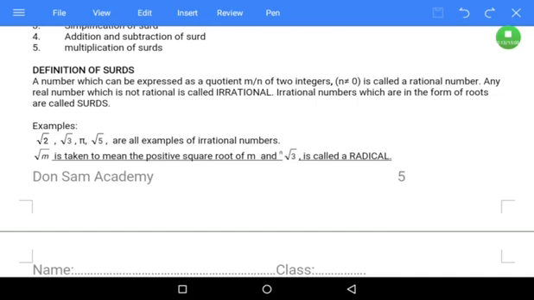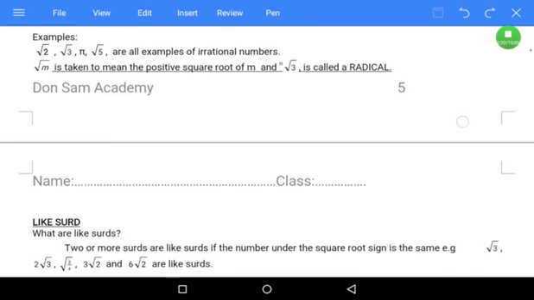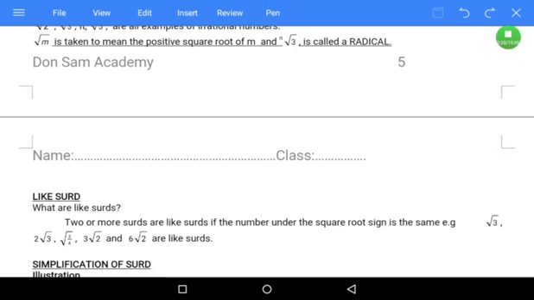No. But if you have root 4, you can have 2. So root 4 should not be called a surd. Why? Because that's a whole number square root. But root 5, root 7, root 2, root 3, root 13, root 19, etc. They are surds because they are square roots of numbers that don't have a whole number square root. They cannot get a whole number square root.